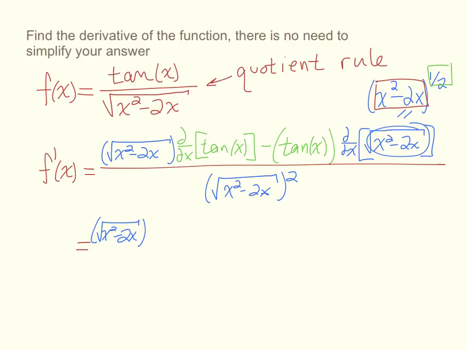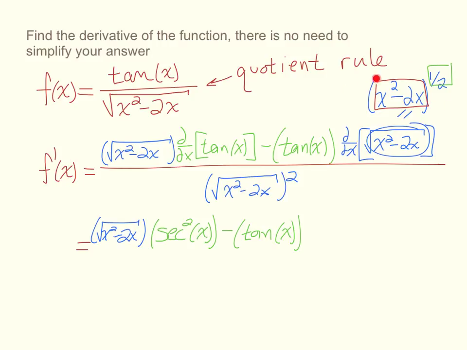The derivative of the tangent function is secant squared x. To that we will subtract the tangent of x, and we need to multiply the tangent of x by the derivative of all of this over here.